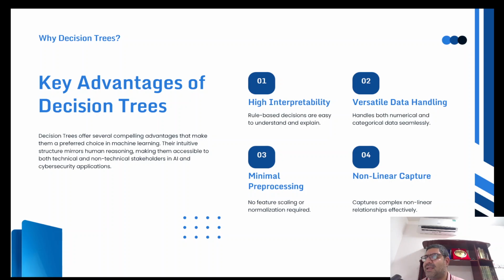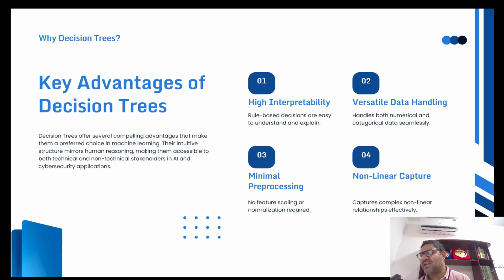Versatility in data handling. It handles both numerical as well as categorical data seamlessly. So this is one more advantage. Minimal pre-processing. You don't need to pre-process. No feature scaling or normalization is required in the data.